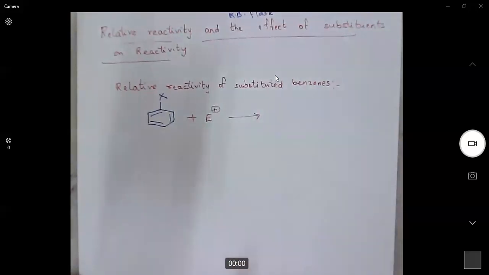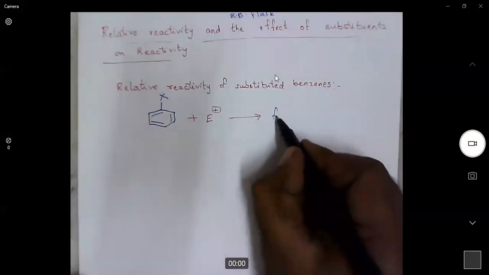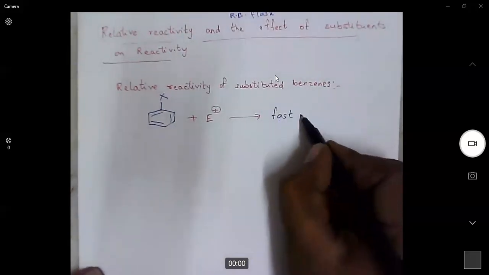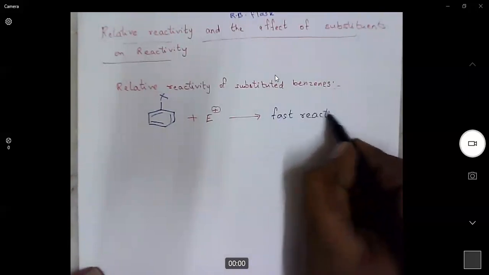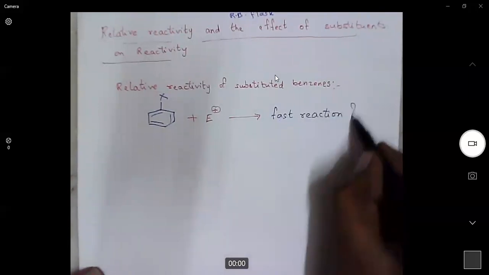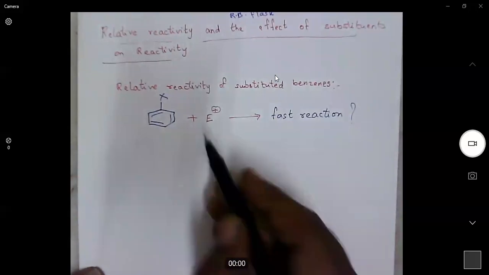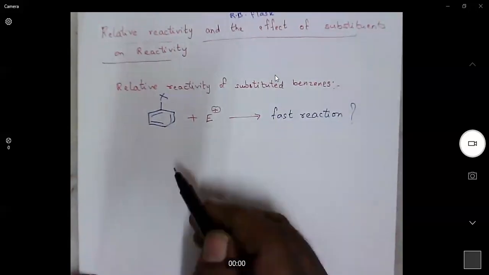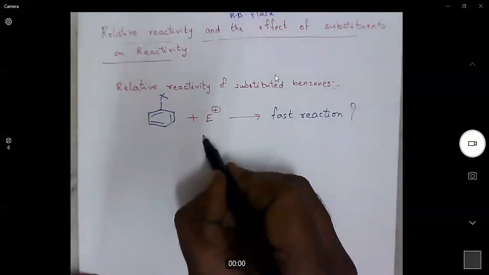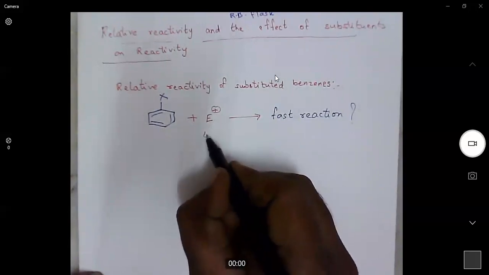Now, what is the outcome we require? We need a fast reaction. How does this electrophile react quickly with the substituted benzene ring? First of all, what is the nature of electrophile? Electrophile is electron poor.